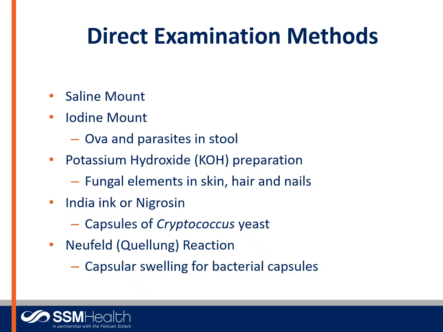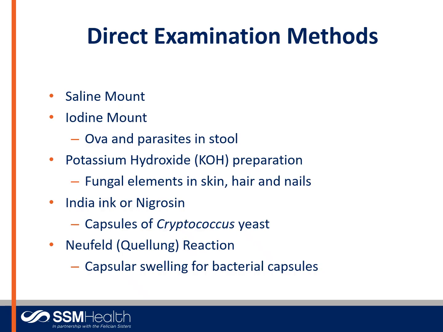India ink. This is a stain that is used to look for the capsules of a Cryptococcus, which is a yeast, and a serious infection that can cause meningitis in patients, particularly who are immunocompromised. It's only about 50% sensitive, so along with all of these direct examination methods, they are not particularly sensitive and also not necessarily specific.